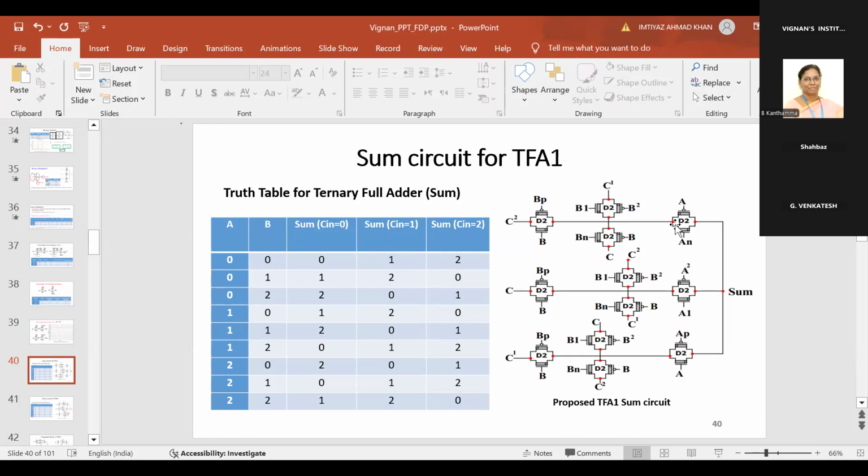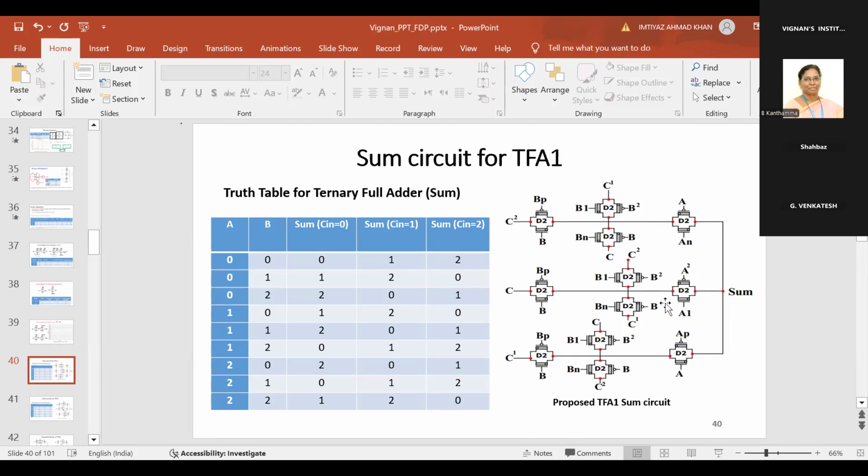I've explained the 3-to-1 mux. Here is the 1 mux to 1. Here is A, where this is a PMOS. When A is 0, this will be on. When A is 2, the negative terminal inverter output is 2. This time, this path will be on to pass all this value.